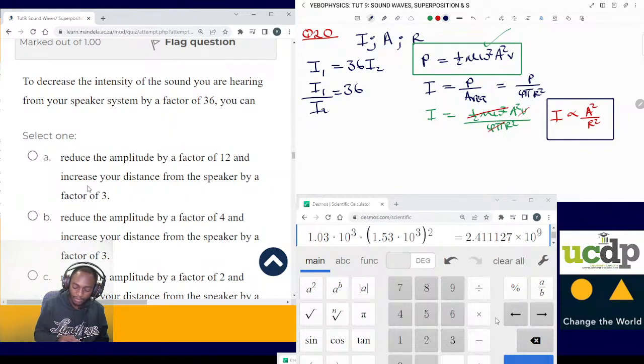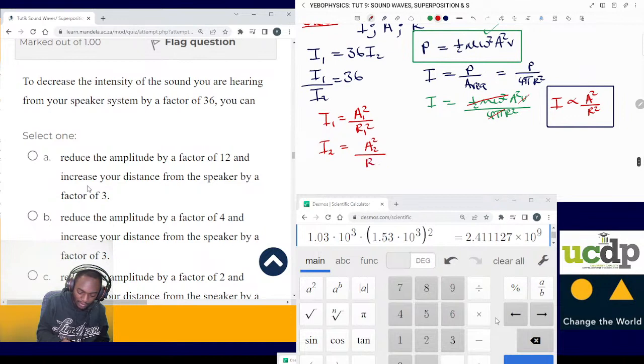Now that we have this relationship, we can express I1 as A1 squared over R1 squared. These are the parameters for the initial intensity before it was reduced. Whereas I2 will be equal to A2 squared over the new distance, R2 squared, since the amplitude has changed.